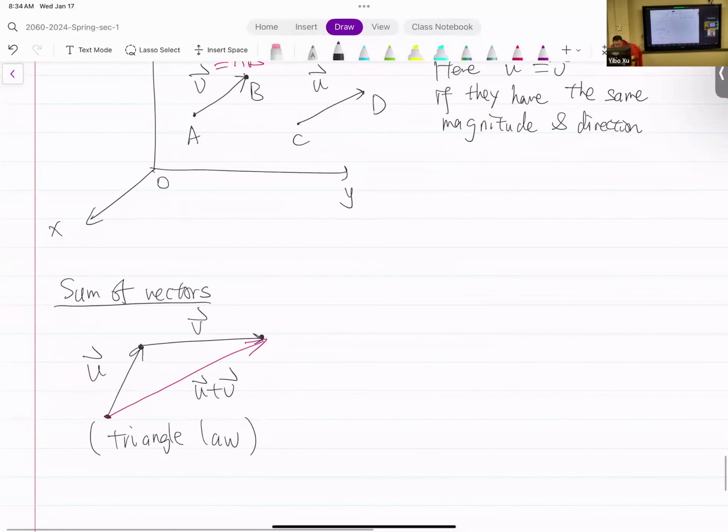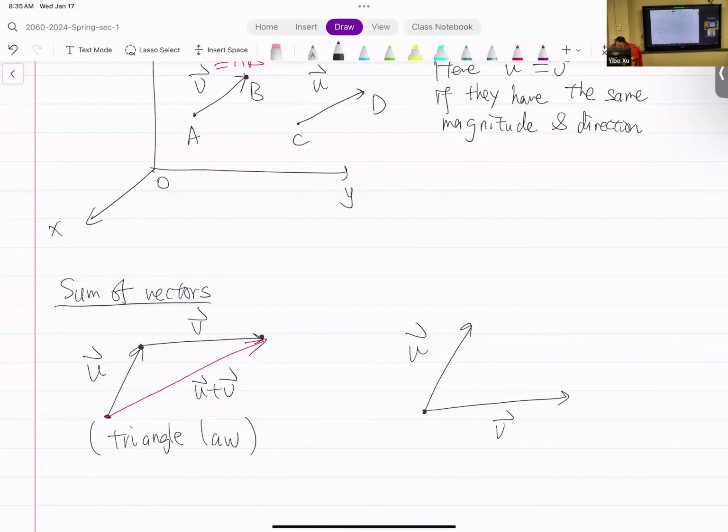And now what happens if you don't want to stack the head and the tail? So if you put the tails all together at the same place, so this is U, and let's say this is V, right? So if we have this, then what do we do? This is called the parallelogram law.